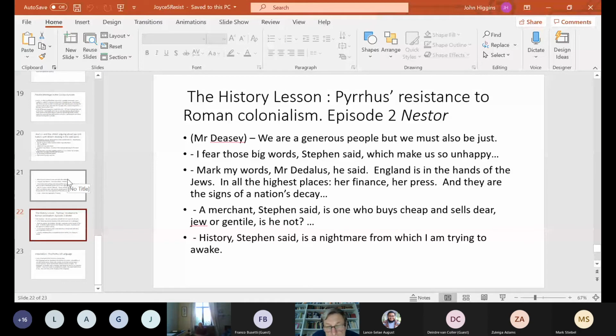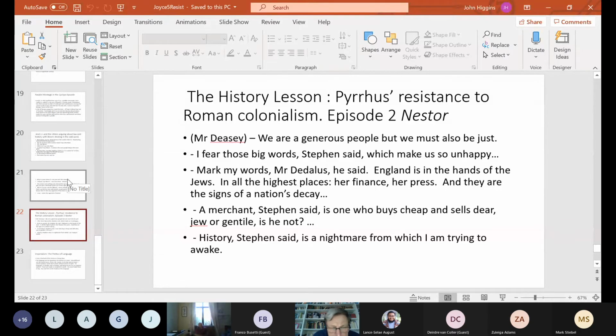"Mark my words, Mr. Dedalus," he said. "England is in the hands of the Jews, in all the highest places, her finance, her press, and they are the signs of a nation's decay." And Mr. Deasy goes on into an anti-Semitic rant, which Stephen punctures by a simple linguistic clarification or question, as Mr. Deasy refers to Jews above all as merchants.